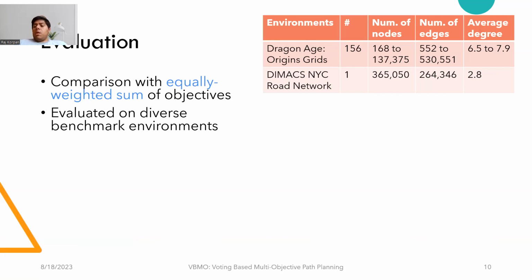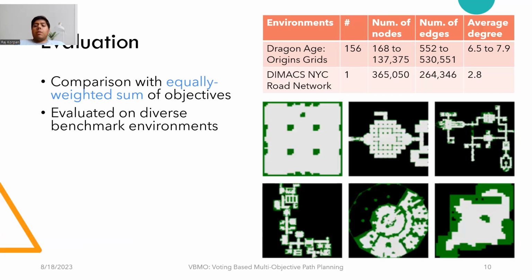These ranged from small environments with only 168 nodes to those with 137,000 nodes. It was also evaluated in the DMAX New York City road network, which has many more nodes, 365,000, but with a smaller average degree.